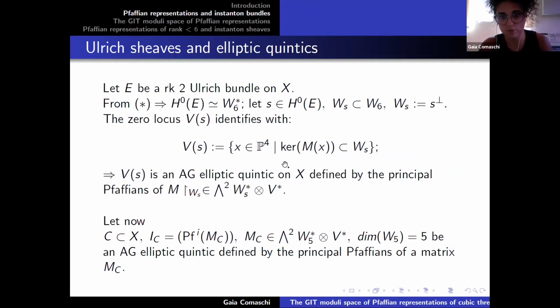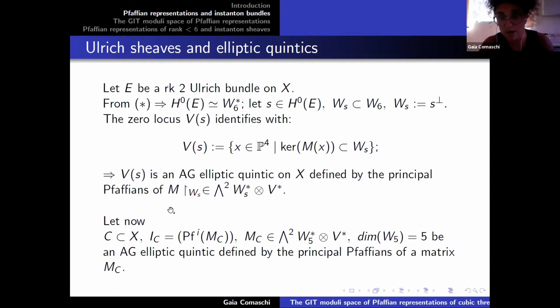So we see from this that this locus will be contained in the support of the Ulrich sheaves, because this means that the form Mx must have rank 4. And in particular, we have that this locus is exactly an elliptic quintic that is arithmetically Gorenstein. And the skew-symmetric matrix of linear forms defining it will be simply the matrix obtained restricting each form to the hyperplane WS.